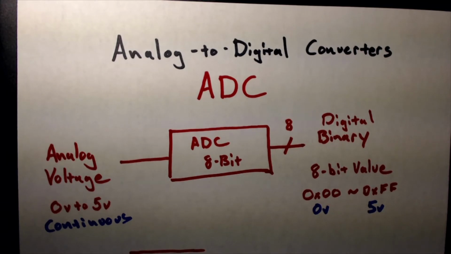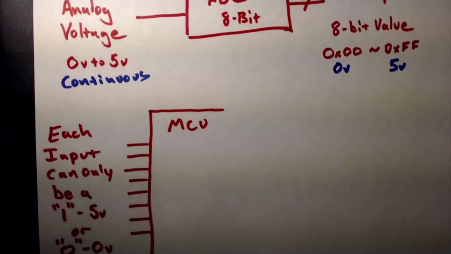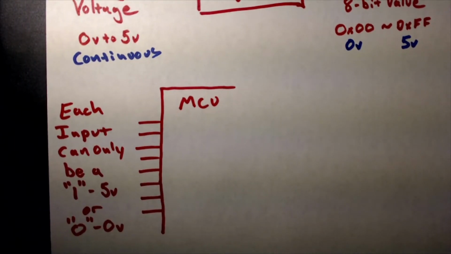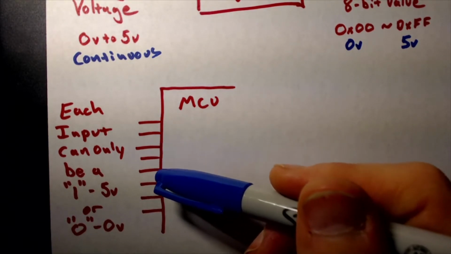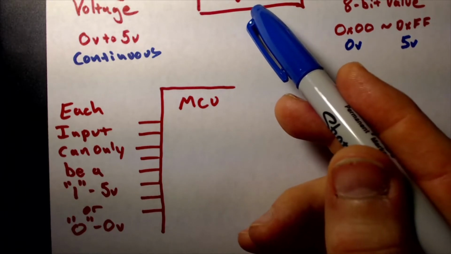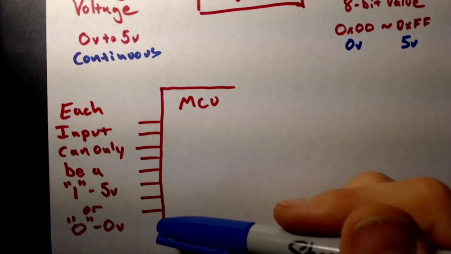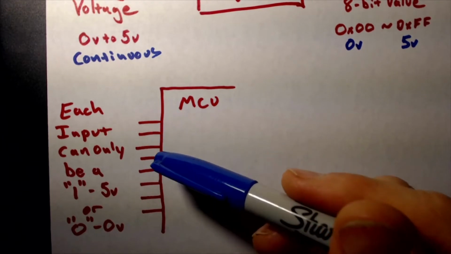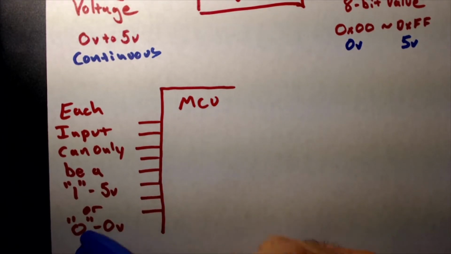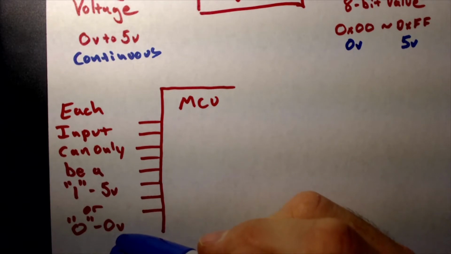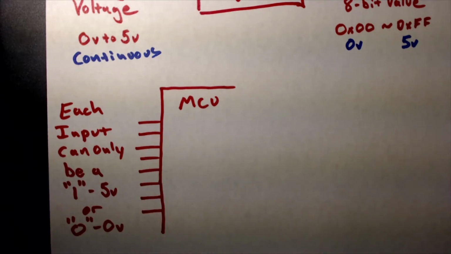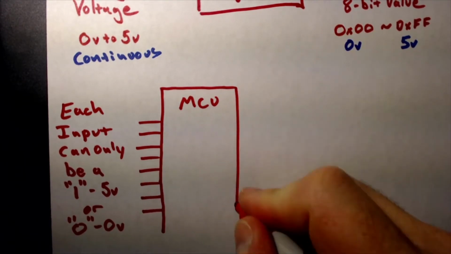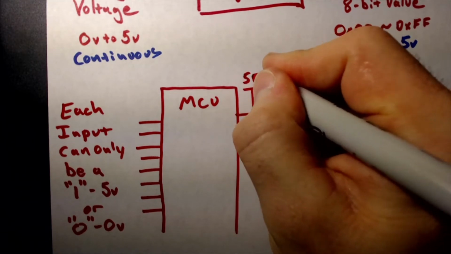Now, I do want to compare and contrast this for a brief second. When you think of your microcontroller or your FPGA or any digital device, if you don't have an ADC, each one of these wires can only represent either a 0 or a 1, either 0 volts low or 5 volts high. This is for a microcontroller that's typically being powered from 5 volts.